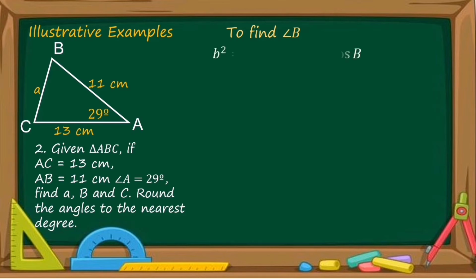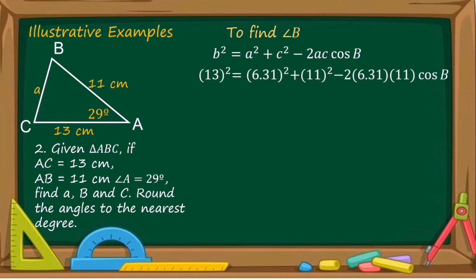Using the formula, b squared is equal to a squared plus c squared minus 2 times a times c times cosine B. Then substitute the values. Our equation now is 13 squared is equal to 6.31 squared plus 11 squared minus 2 times 6.31 times 11 times cosine B. 13 squared is equal to 169. 6.31 squared is 39.86. 11 squared is equal to 121.